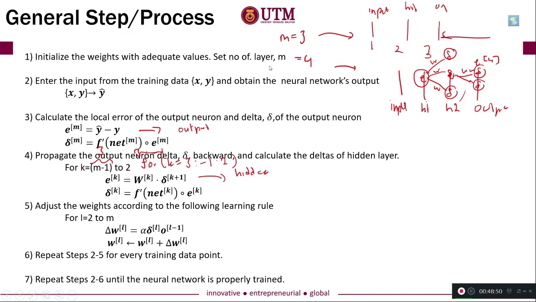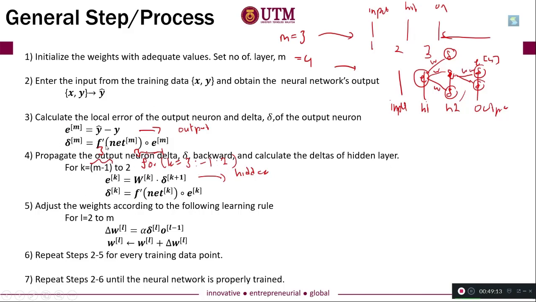It doesn't matter if you change the M into 2, 5, 6, 7 and so on. You are increasing more and more hidden layers, and this will repeat line by line, because the function to compute E and delta at the hidden layer is similar. The one that is different is just the output layer.